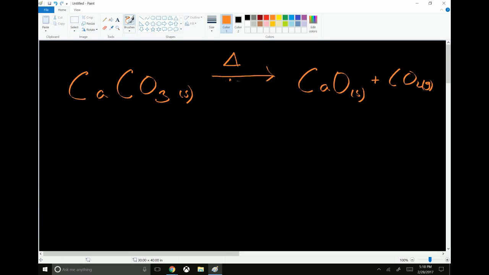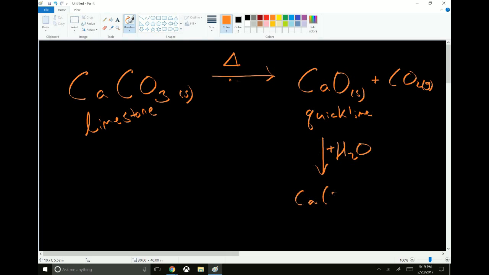For those of you who are curious, this is limestone or lime, and this over here is known as quicklime. These were used very often as building materials because limestone is available kind of everywhere. But you take quicklime, you add water, and you can get calcium hydroxide.